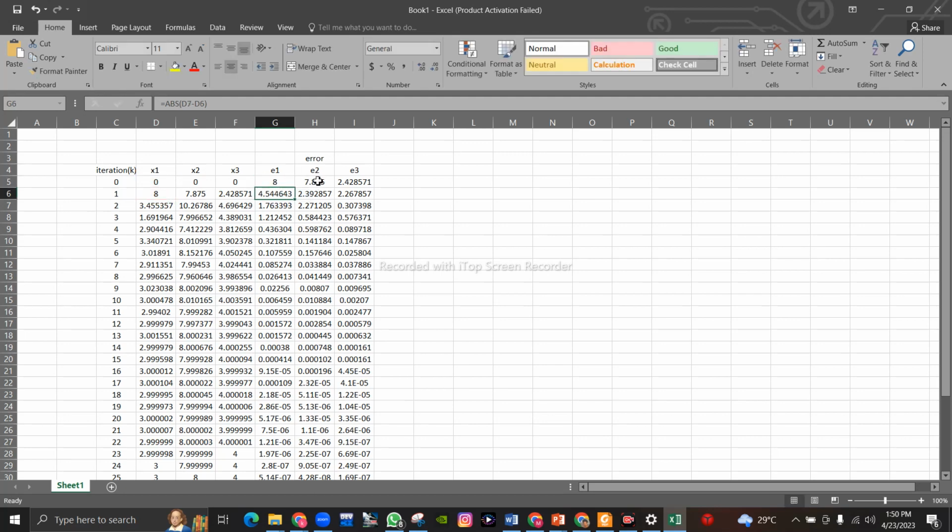Do the same thing for these two: this minus this equals, and this also, D5 minus this equals. So we can still drag the formula down to make it apply to everything.